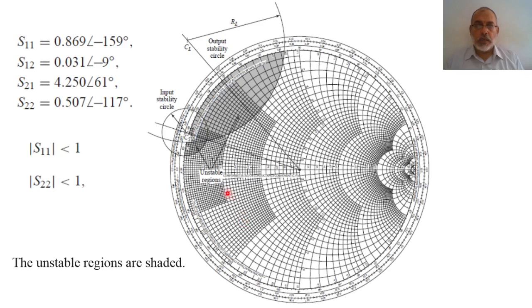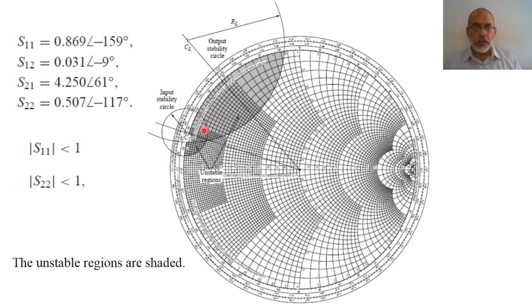By taking these pieces together, we can say that this circle for gamma load, this shaded region, is the values of gamma load which correspond to an unstable amplifier, and the remaining parts of the Smith chart correspond to gamma load which gives a stable amplifier. On the other hand, this is the stability circle for gamma source.